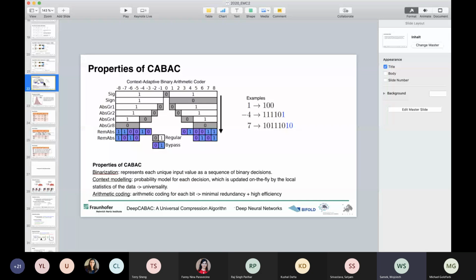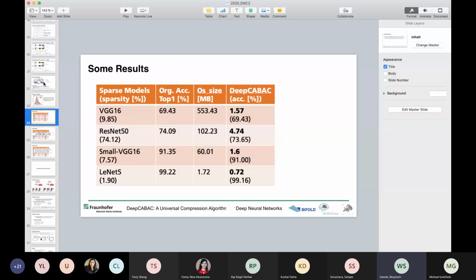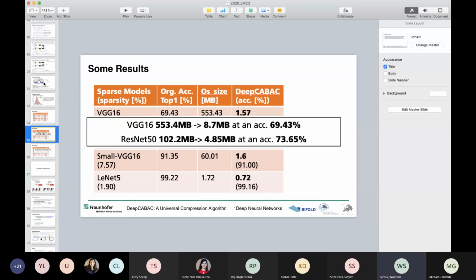And arithmetic coding is also a very efficient coding technique, so you get minimal redundancy and high efficiency. And with all this machinery, you can encode, for example, VGG16, reducing its size from 550 megabytes to 8.7 megabytes, or ResNet 50 from 102 megabytes to 4.8 megabytes without losing any accuracy.